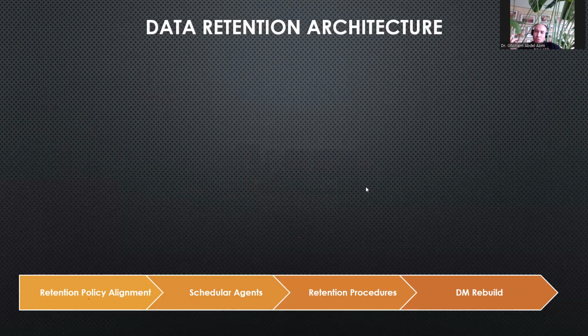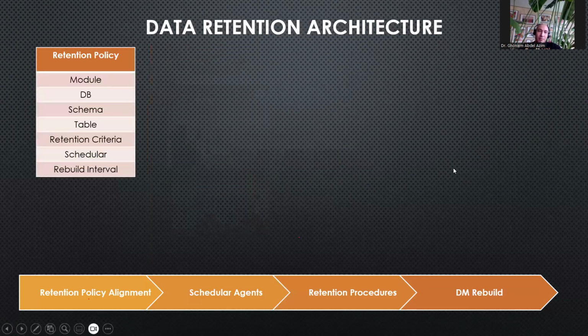Okay, so moving forward. Number one, for the definition of the retention policy for each module, we will define such a policy. For each module, we will link this module with a specific database, because sometimes you are applying microservice architecture, and the microservice architecture applies a database per service.